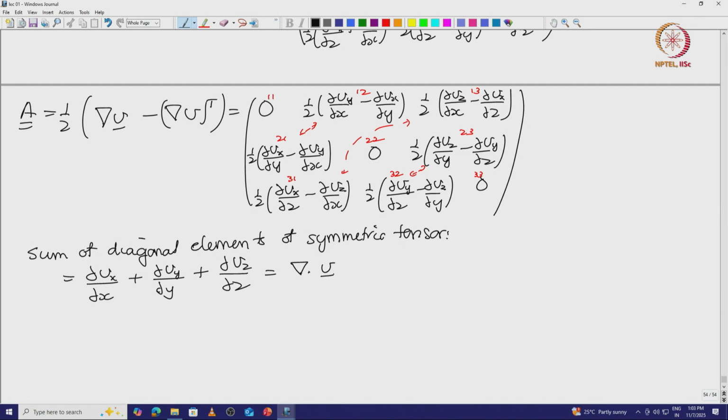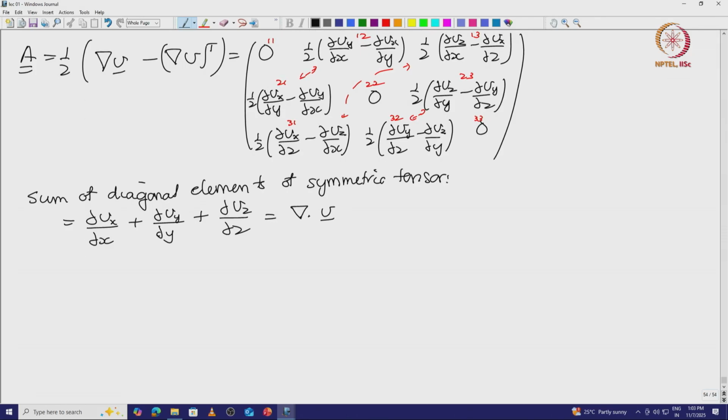So, I can write the symmetric tensor as equal to what is called a symmetric traceless tensor, plus 1/3 divergence of the velocity times the isotropic tensor, where I is the identity tensor.